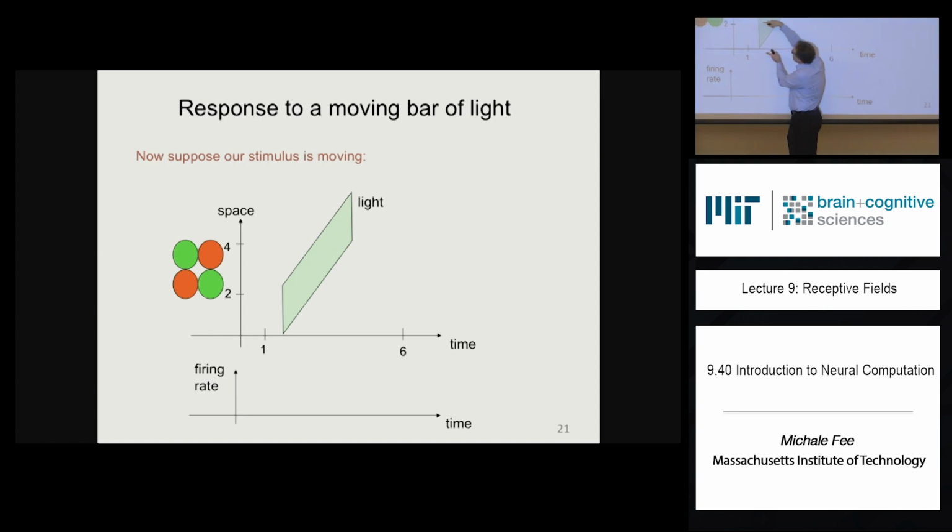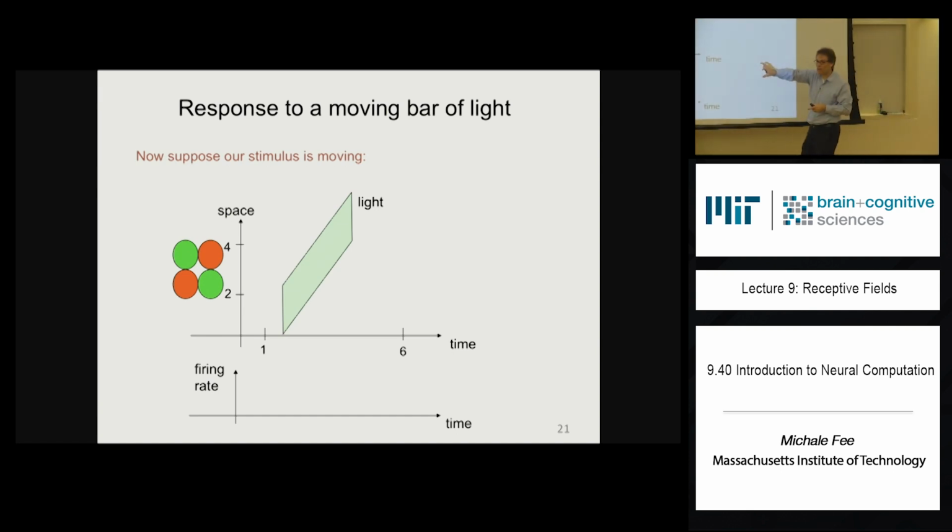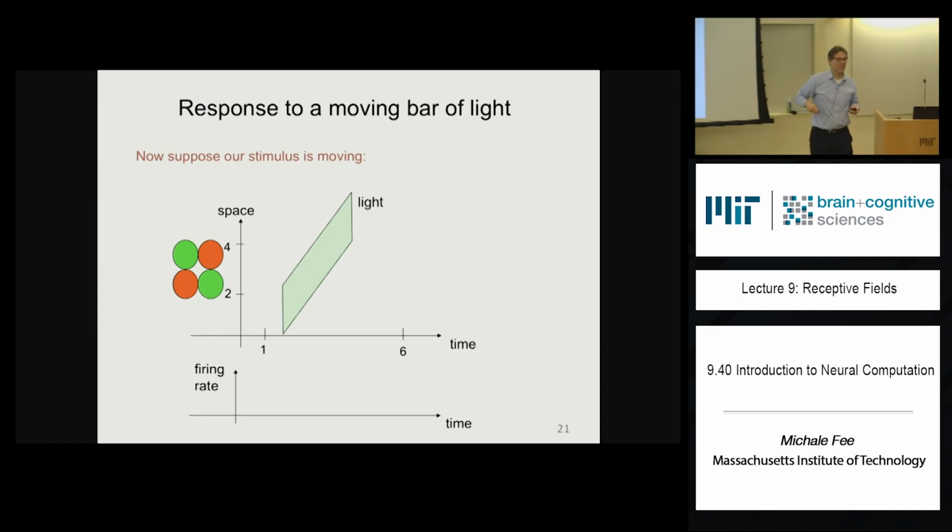We've turned a bar of light on here, sort of between 0 and 2, and then we slide it up over the course of a few seconds. Okay, so we've turned a spot of light on, and then we move it up. Off. So it's a spot of light that turns on, moves, and then disappears.